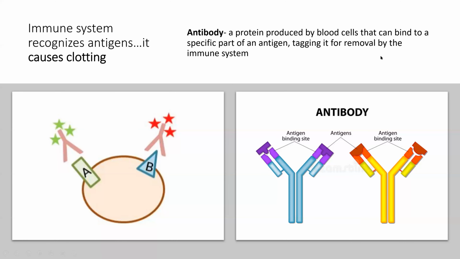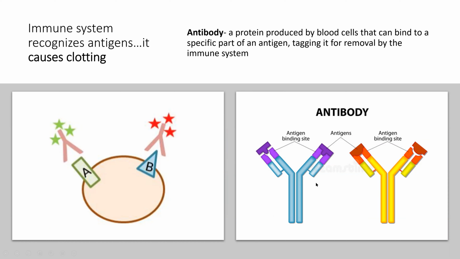So essentially, you produce antibodies for anything foreign. They are represented like these little triangle things here, and you can see them here. These are binding sites. This is where they bind to anything foreign, and they are made for anything that is foreign in your body that your immune system wants to get rid of, to mark it for removal.